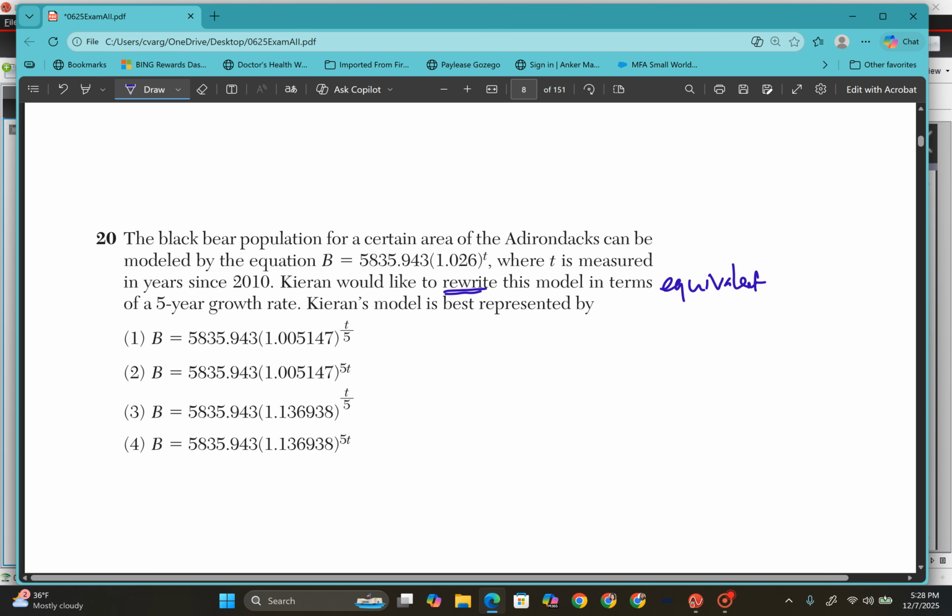So we're looking to see which one is the closest. So we're going to put this in, and we're going to see which of these answer choices gives us the number that is the closest to that.